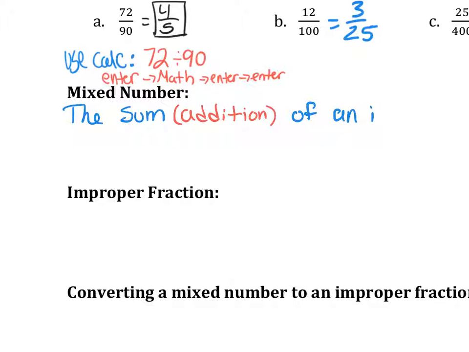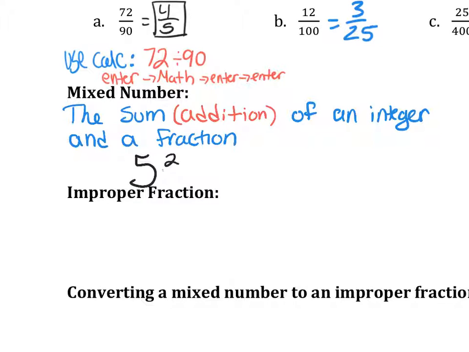Of an integer, which is a positive or negative whole number, and a fraction. And so they're usually written where the integer is like normal font size, so you have like 5, and then the fraction is put right next to it, so like 2/3.